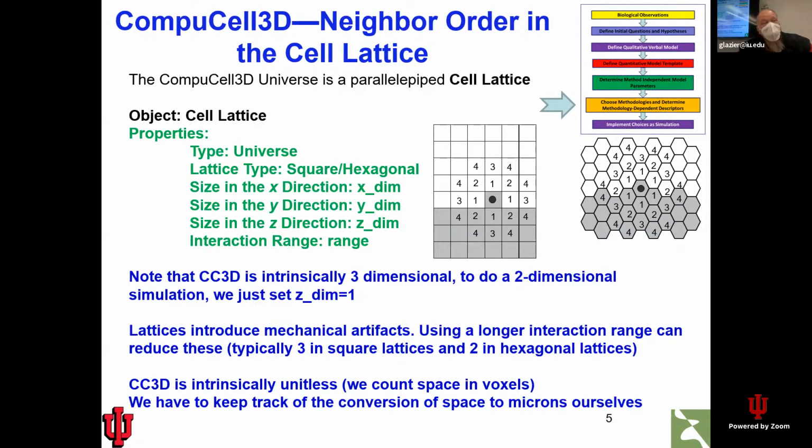Square lattices are fine. Some of the calculations we do are better behaved on hexagonal lattices. And one thing that's nice in CompuCell is you can switch from a square lattice to a hexagonal lattice with a single tag in your XML and see whether it makes a difference to your calculations. But the neighborhood adjacency, the neighborhood range, is something that we have to think about.